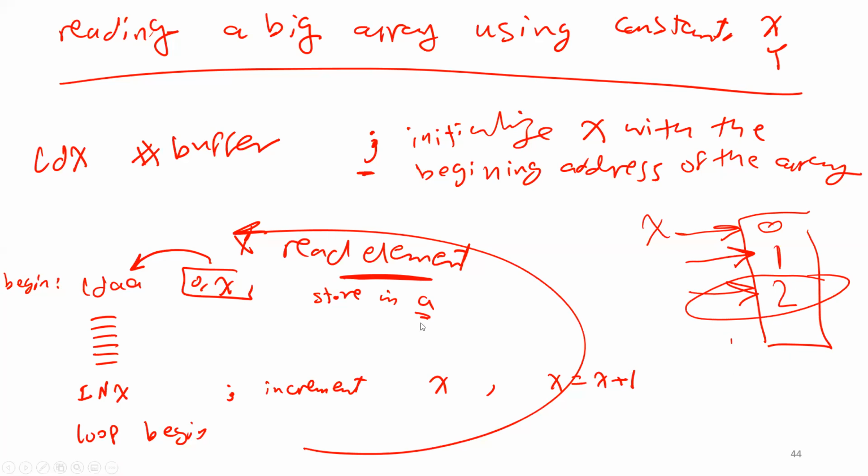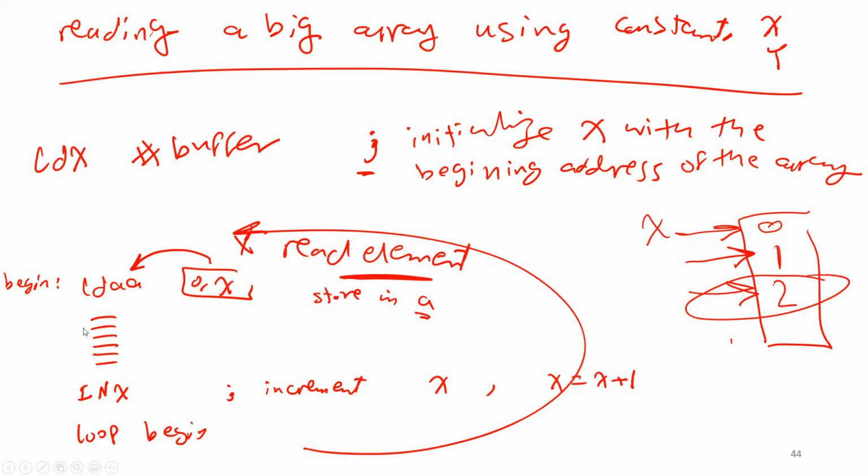Very interesting. So what I'm doing here, guys, is every iteration I'm gonna read one element from the array. I'm gonna work on this element, and then I have to increment the pointer so that next time X is gonna have the address of the next element, so that when I come back here, I'm gonna read a new element. Is that clear?